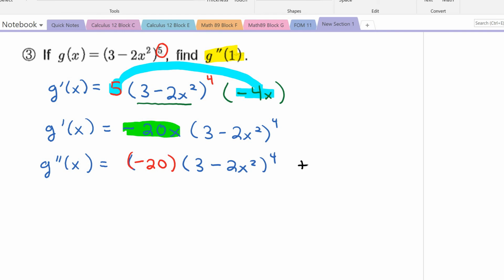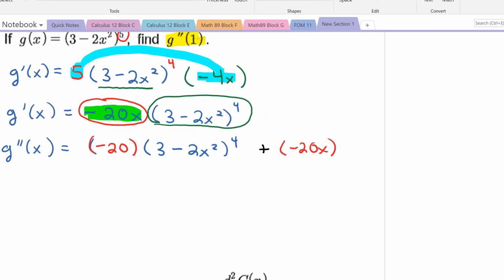And then I take the first term, which was now negative 20x, so I'll put a bracket here, negative 20x, and then I multiply it with the derivative of the second term, which is this guy right there, so that's going to be a power rule now, so the 4 would come out in front, 3 minus 2x squared to the power of 3, and then the chain rule states that I need to take the derivative of the inside guy, which would be negative 4x.